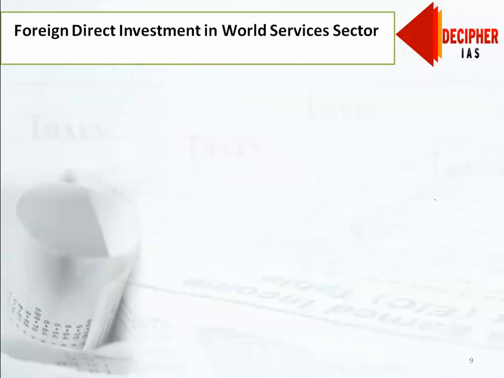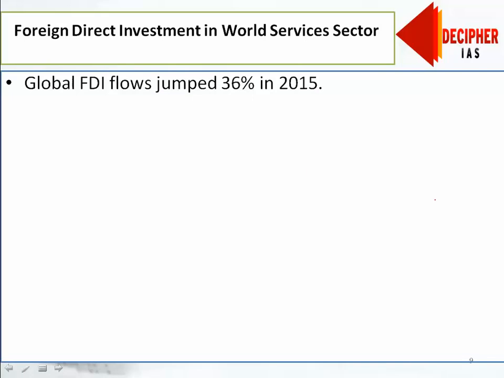Now, foreign direct investment in the world services sector. Global foreign direct investment has jumped by 36% in 2015. This data has been provided by UNCTAD, that is United Nations Conference on Trade and Development.